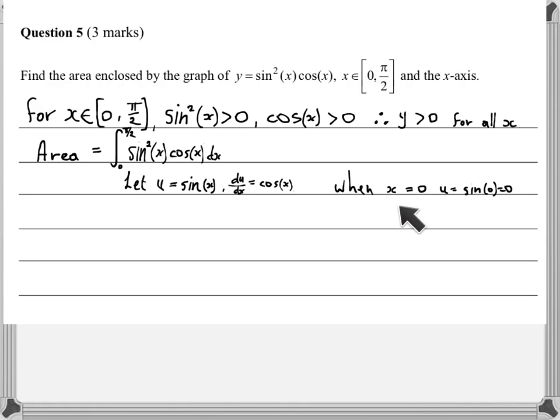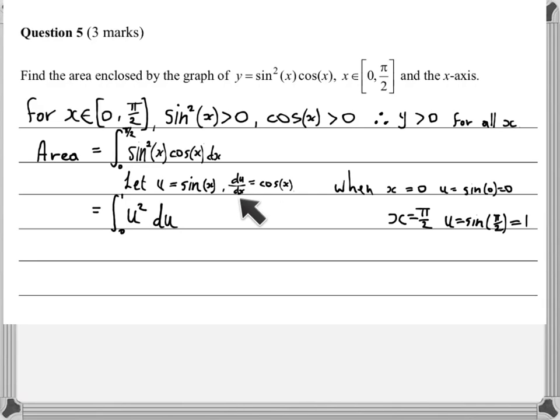When x is 0, for that bottom limit there, what is the u value? So u is sine of 0, which is equal to 0. So that's good. What about when x is pi on 2? u is sine of pi on 2, and that is equal to 1. Okay, so we have to use these new limits for our new integral in terms of u. And there it is.